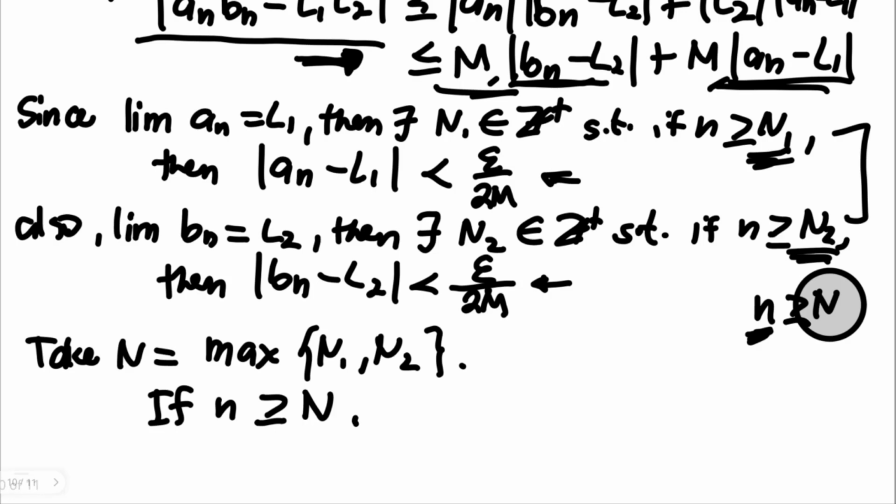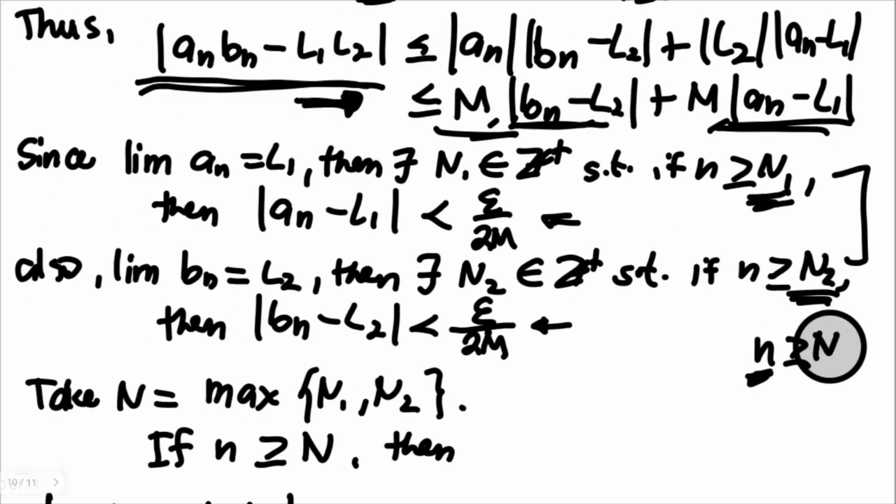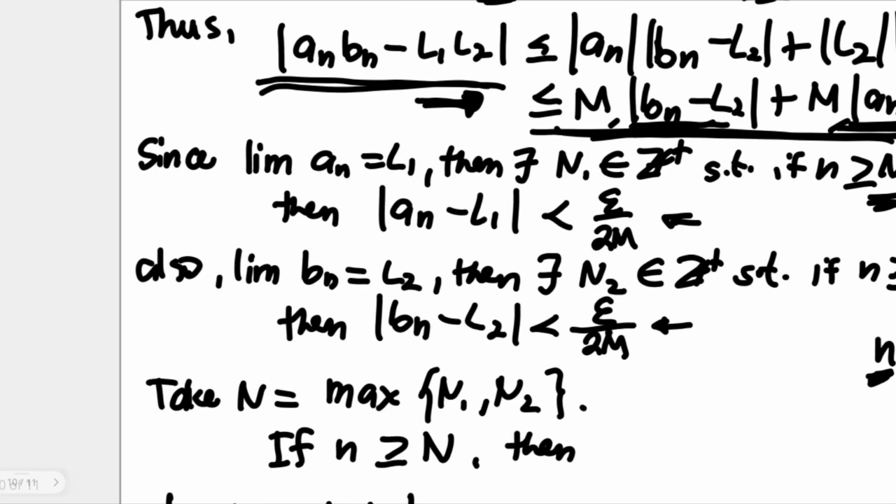So we now have, then, let's write this form. The absolute value of a sub n, b sub n minus the product of L sub 1 and L sub 2, which was broken down into this. Again, the m resulted from the previous discussions in the previous page.